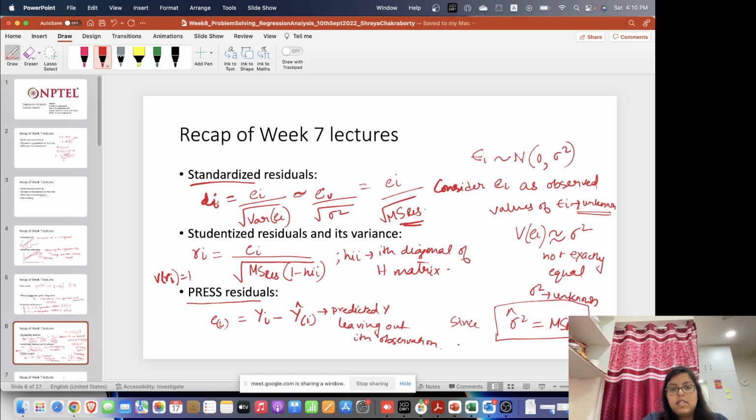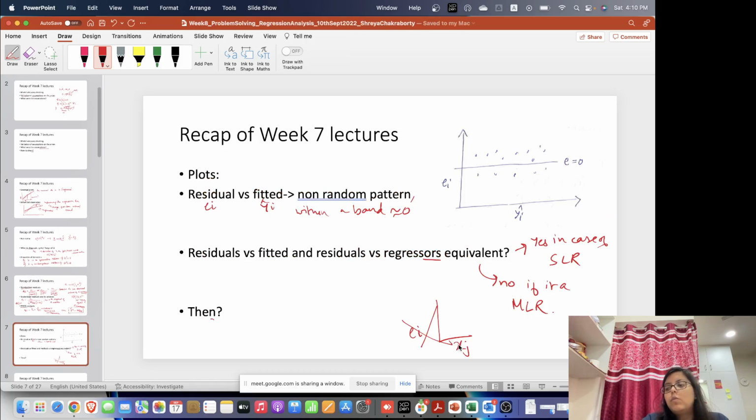We discussed these, and also we learnt about some plots and how we can check the model accuracy assumptions that we had taken earlier, like the residual versus fitted plot. There should be a non-random pattern, and we should have a band which should be near 0, and there should not be any open funnel or closed funnel, because those are situations that we do not want.